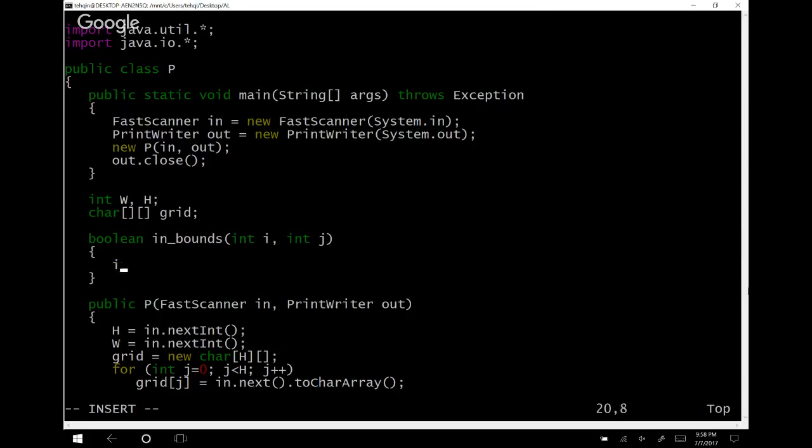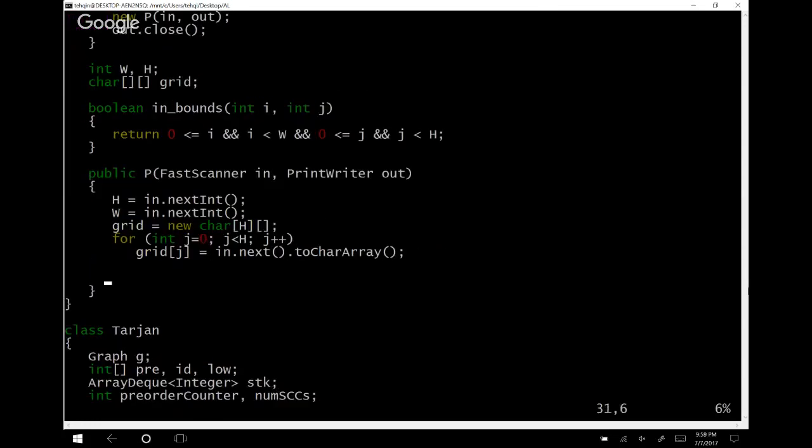So if like that. So that'll come in handy later. Okay, so I need to make my two-sat graph.